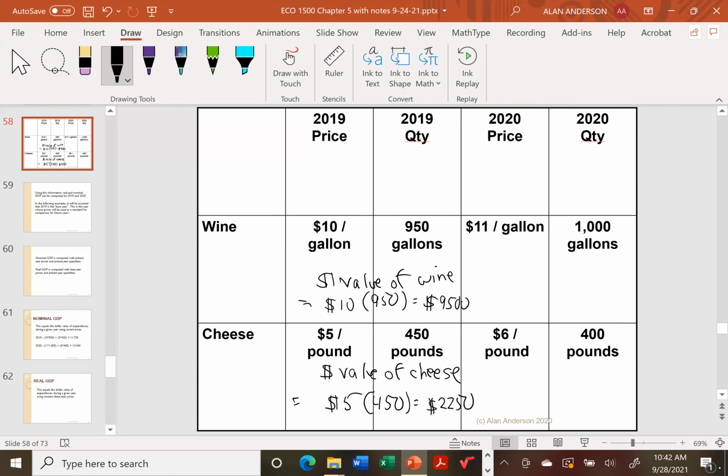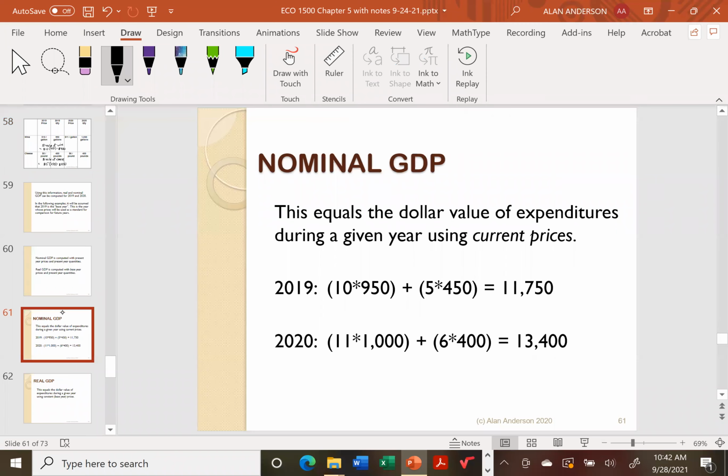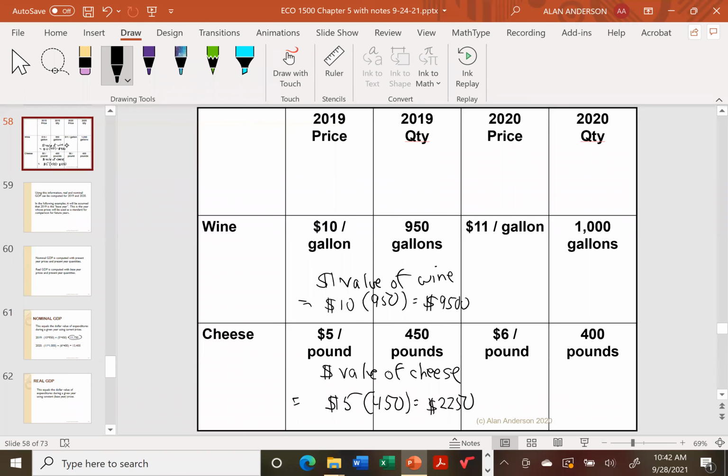So that means that nominal GDP in 2019 is the sum of those two, 11,750. In other words, if you add these two up, 9,500 plus 2,250 is 11,750.